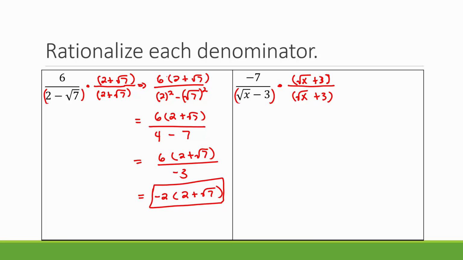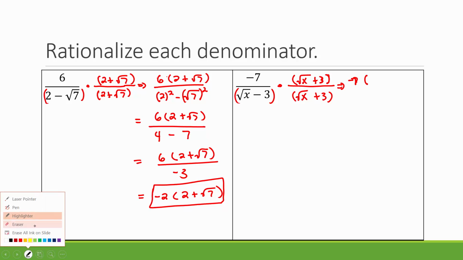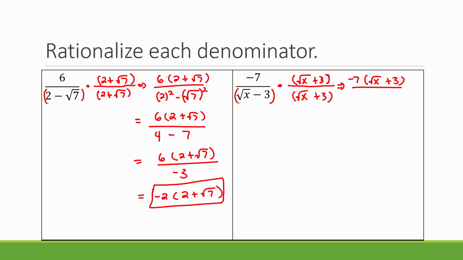So just like in the previous problem, I would have the negative 7 on the outside times the square root of x plus 3, all over the first term squared, so the square root of x squared minus the second term squared, using our shortcut rule for multiplying those.